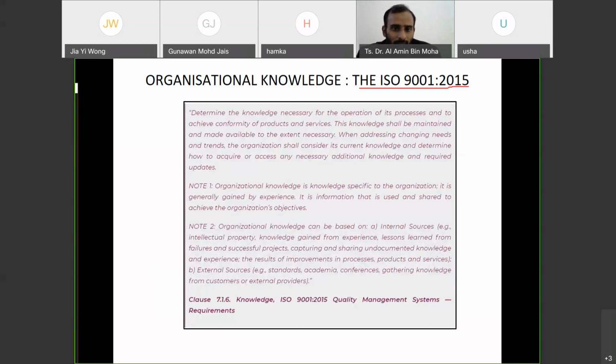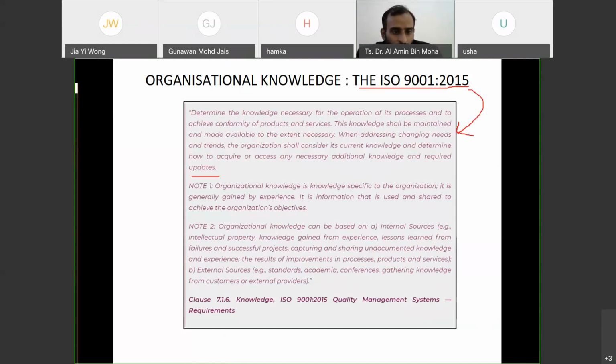When addressing changing needs and trends, the organization shall consider its current knowledge and determine how to acquire or access any necessary additional knowledge and required updates. So this is in ISO 9001:2015. This is the clause.